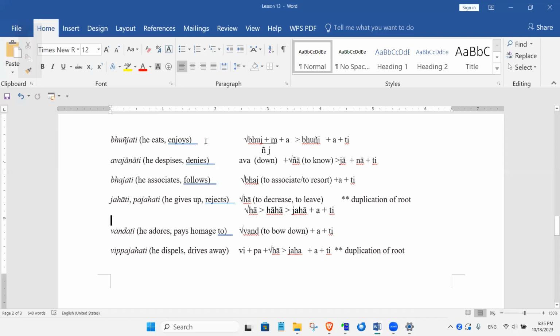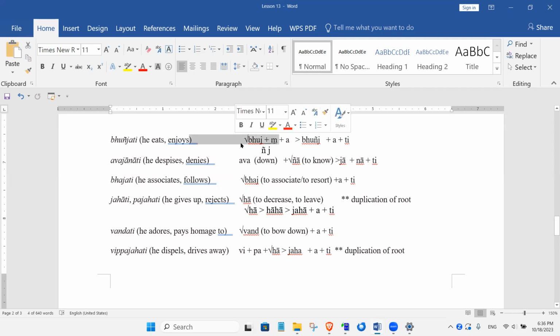Bhunjati: he eats, enjoys. From this one is a root, plus the M here. And then here, how do you get this one?